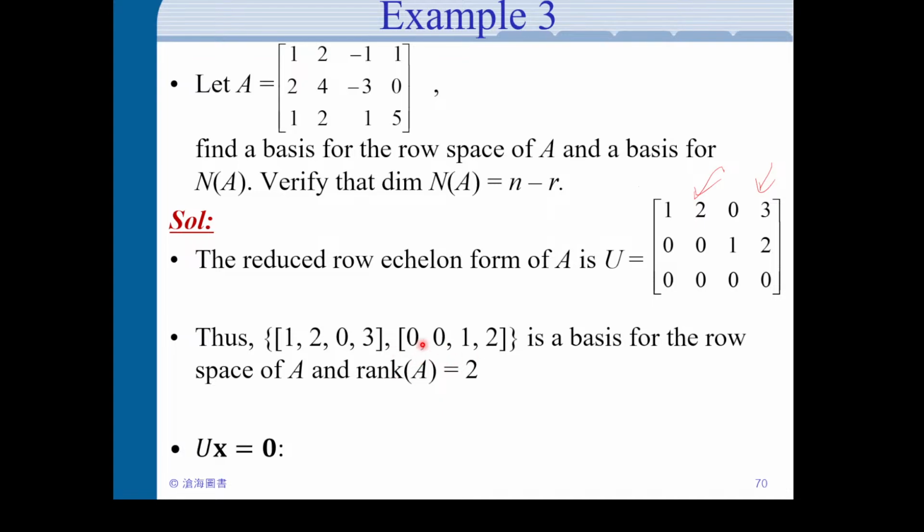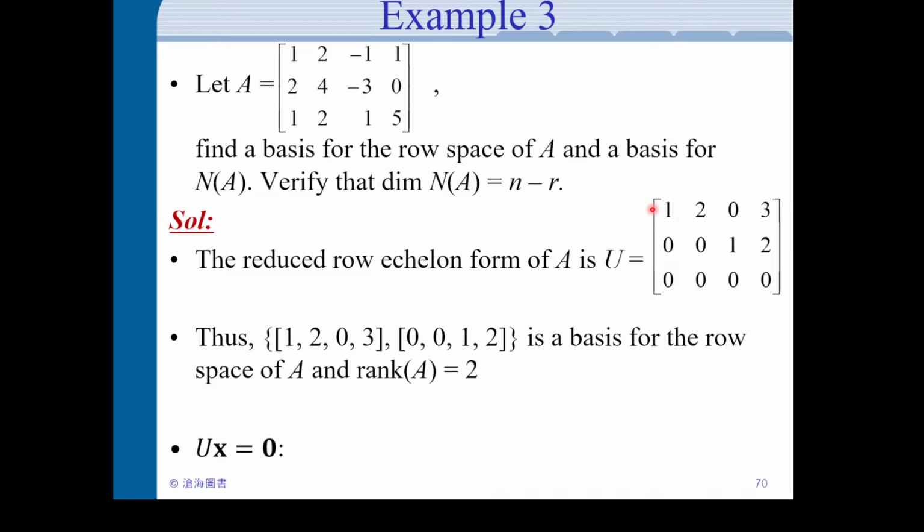Here we see that the basis for the row space is just this vector and this vector. We know these two vectors are linearly independent, and they span our row space, so they are a basis for our row space.